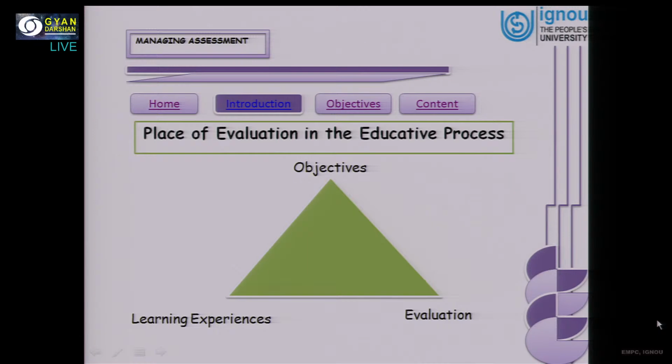The learning experiences must be framed in terms of the objectives. They should not be away from the objectives. And how do we assess the learning experiences? According to the learning experiences, we have to adopt such an evaluation. So there is an interlinking and interrelatedness between these three terms: objectives, learning experiences and evaluation.